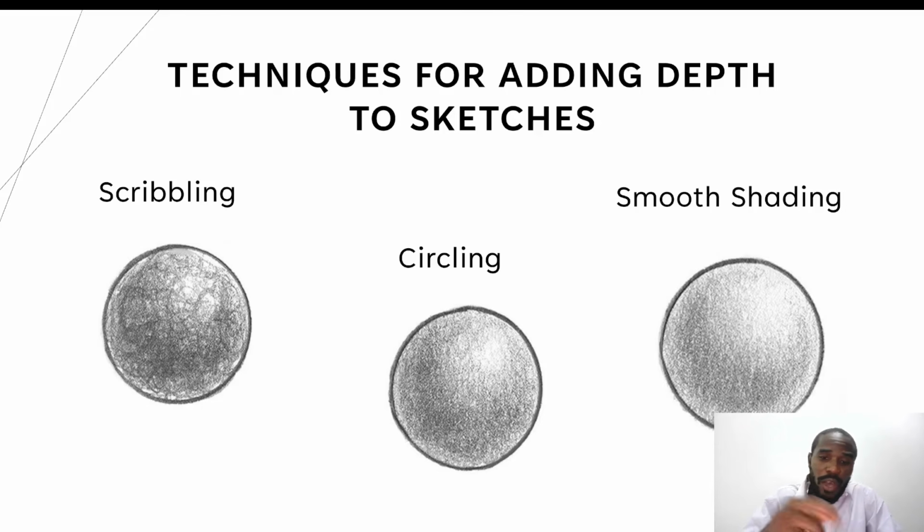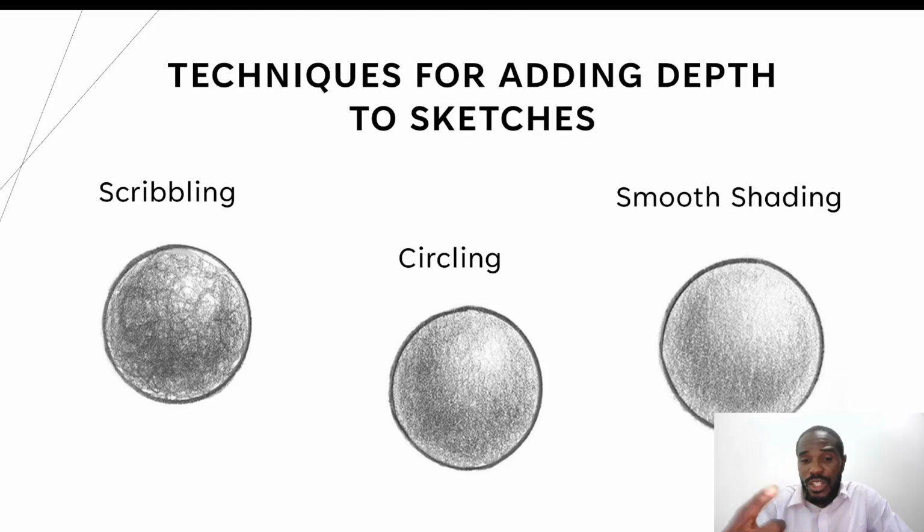Scribbling is a technique where, without taking your pencil off your paper, you go ahead and scribble. You do continuous circles, continuous lines going over themselves as you move around on your board. Then circling is quite like stippling, but you draw very tiny circles with your pencil or your pen, as the case may be. That's circling.